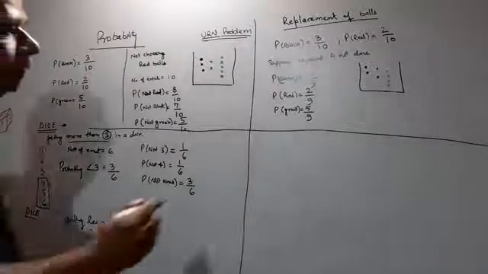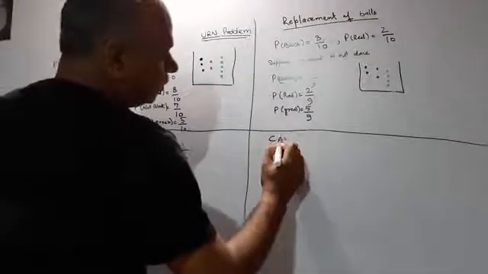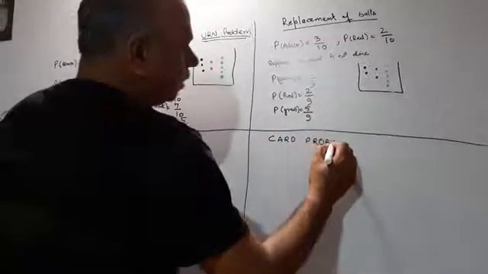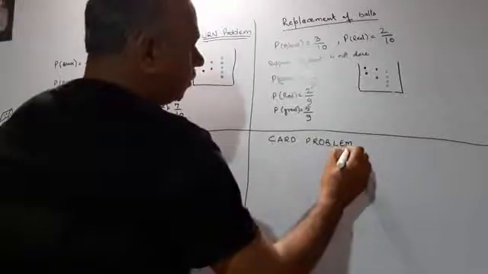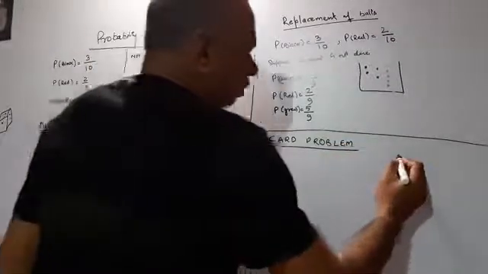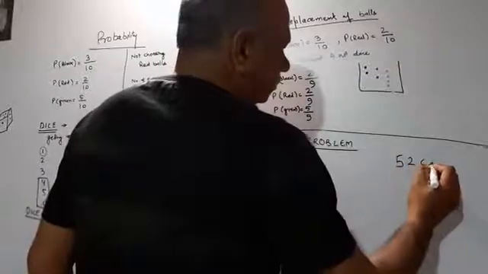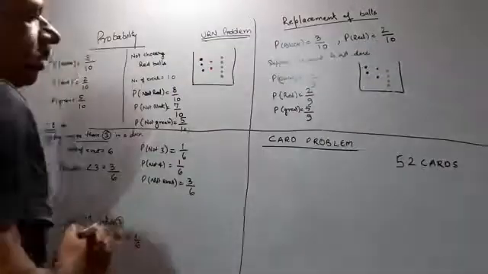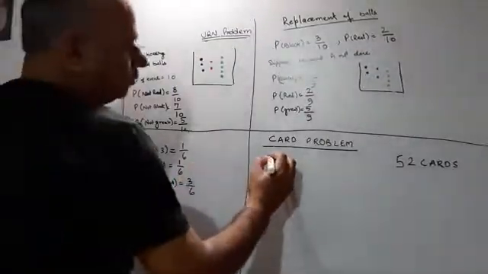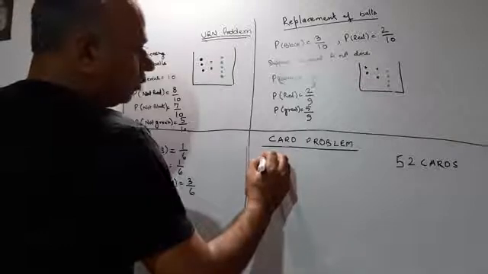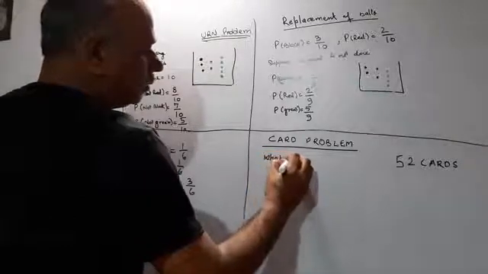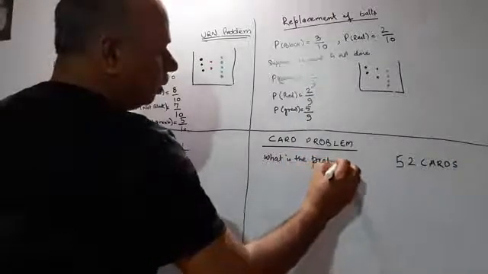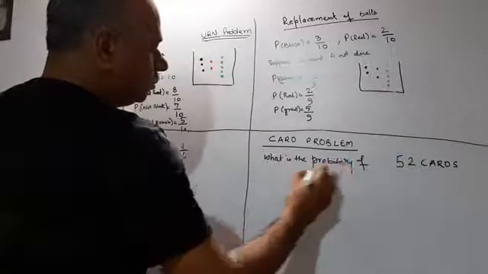Now take an example of a card problem. As we know, there are 52 cards. What is the probability of choosing one card?